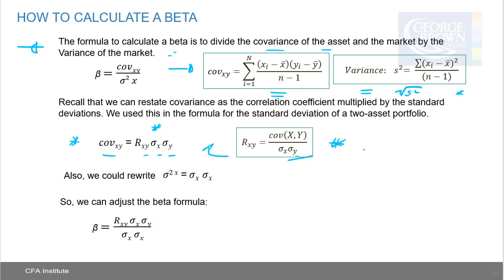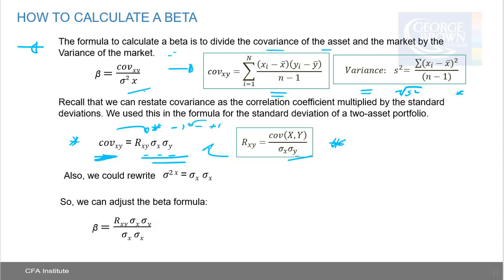Any two-asset portfolio with a correlation of less than 1, the standard deviation is going to come down because we included covariance in the formula, which we then converted into this form. We could see that correlation going between -1 to +1, and any value less than +1 resulted in smaller portfolio deviation. So we've seen that before, okay?